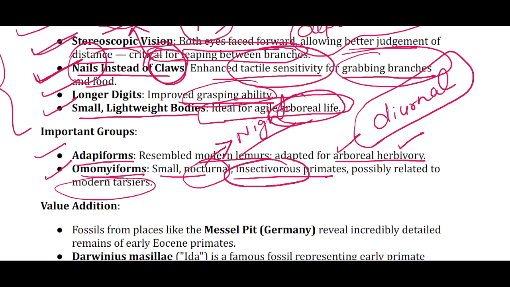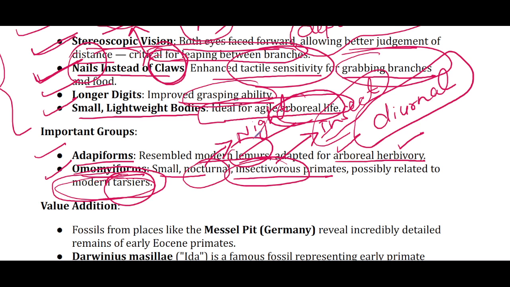Then insectivorous means they used to eat insects. And then the resemblance is to the tarsiers that we see today. फिर lemurs और tarsiers ये आप बाद में भी देखेंगे कि they are considered one of the species or one of the specific ancestors of modern primates.